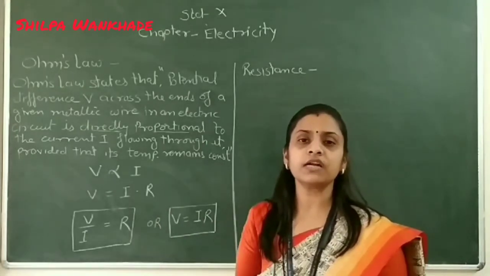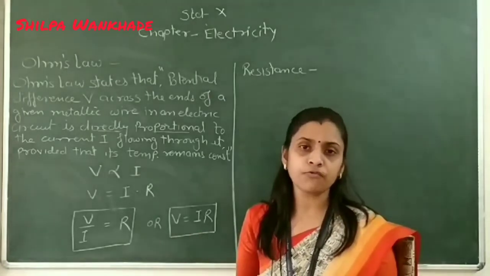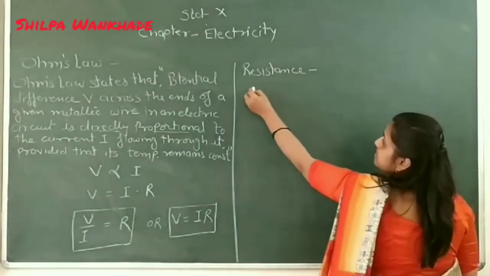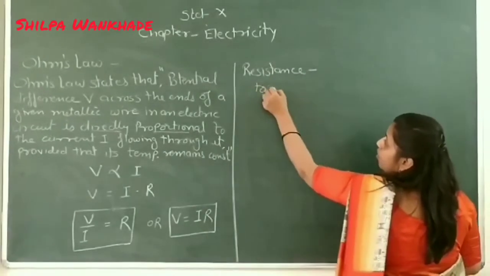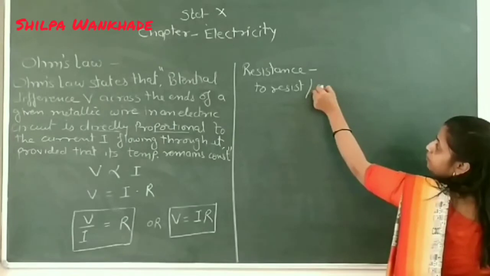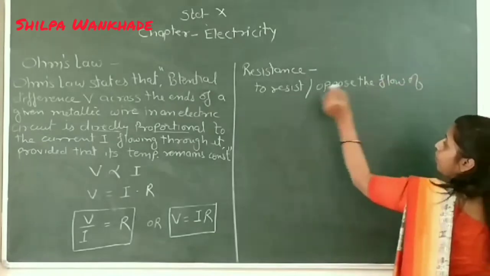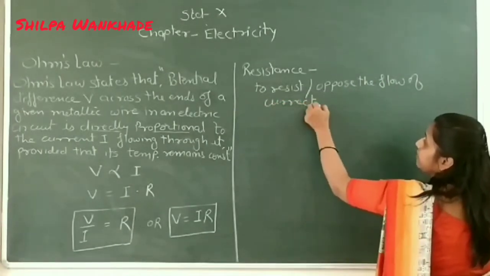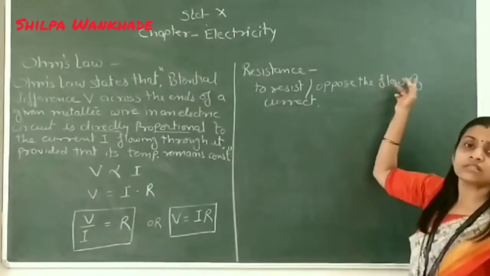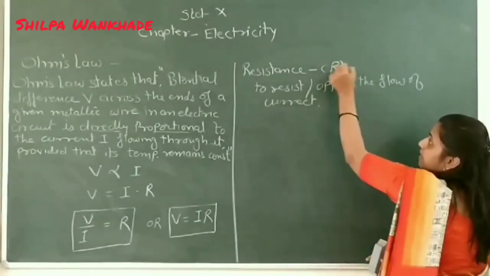This is the property of any metallic wire which resists or opposes the flow of electric current, and that is called resistance. This resistance is always denoted by capital R.